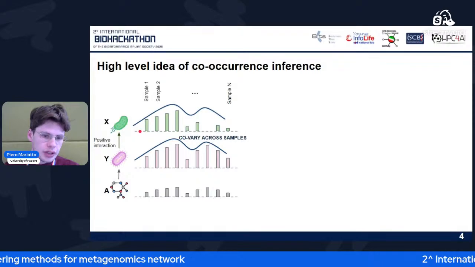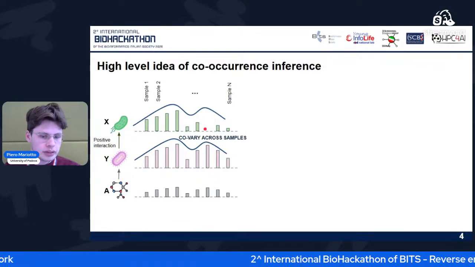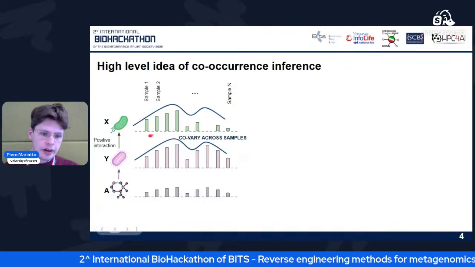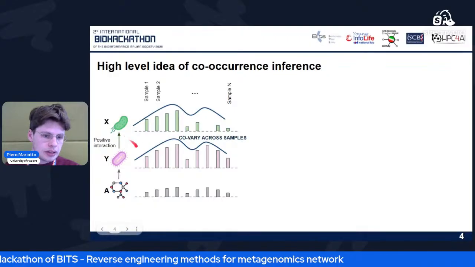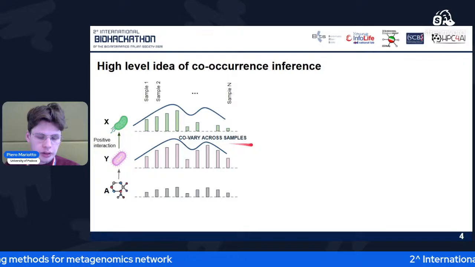Of course, this covariance is not linear and is not free of noise. For example, in some samples one of the two may not be present, but the general idea is that if the two species interact with each other, there will be some sort of covariance in their abundance across samples.